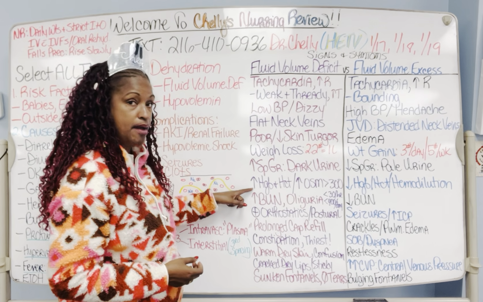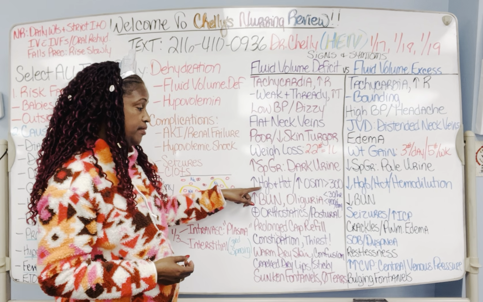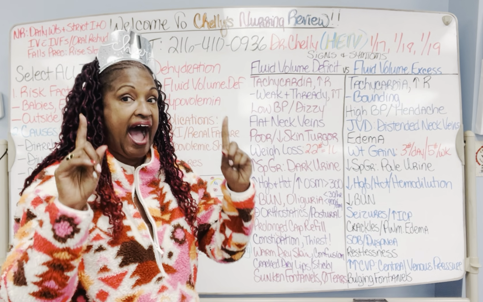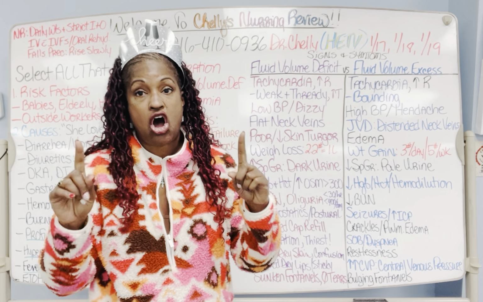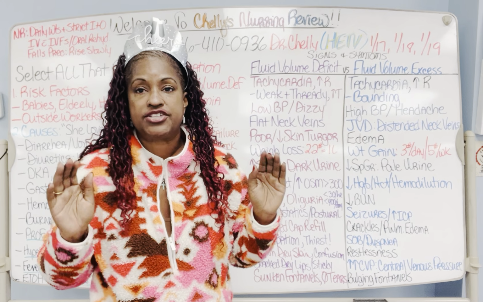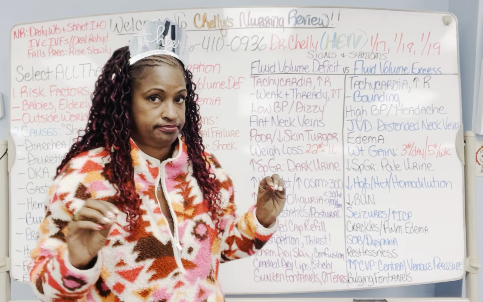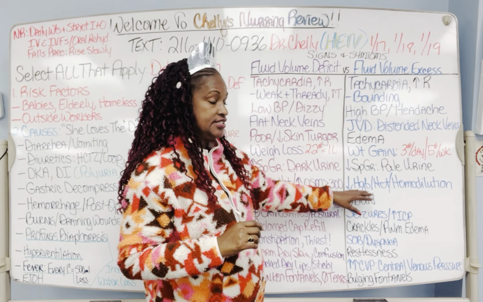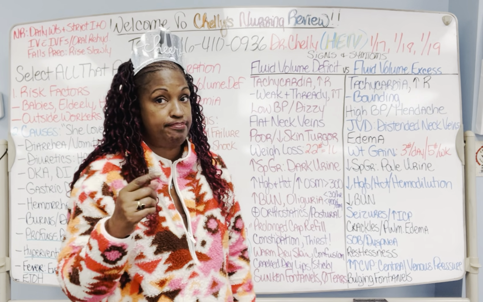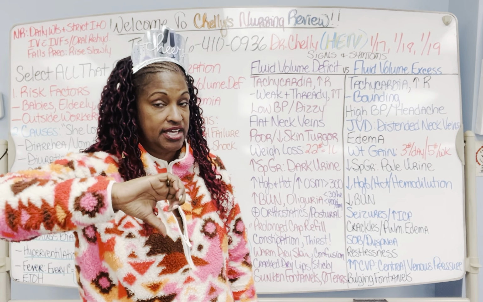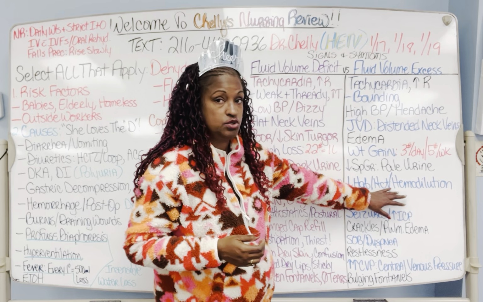You need to remember that because the hemoglobin and hematocrit are going to be high. That is called, quote me, hemoconcentration. On this side, there's so much water in the body that the hemoglobin and hematocrit are dilute, and that's called hemodilution.